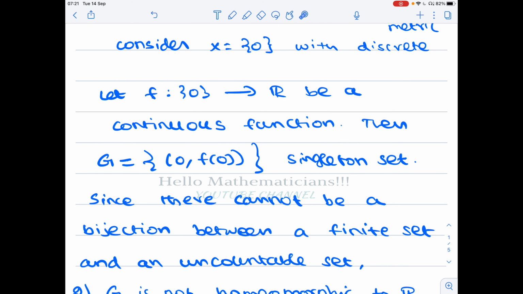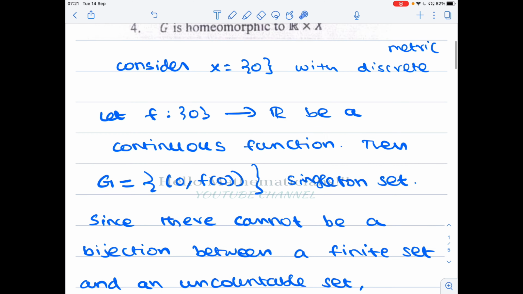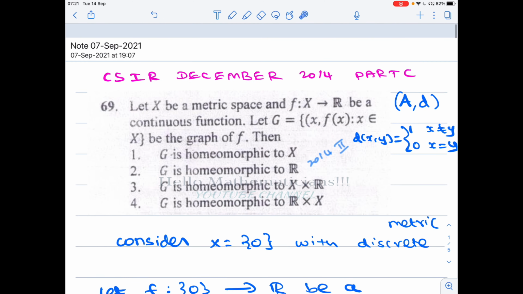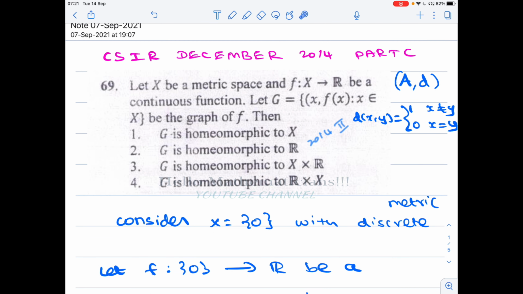Now let us consider a continuous function from this metric space into R. Let f from {0} to R be a continuous function. Here let's make a remark. If you look at a function f from A to some metric space M, and this domain has the discrete metric, then every function will be continuous.